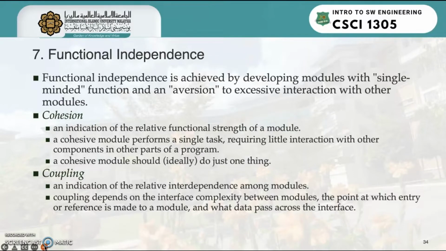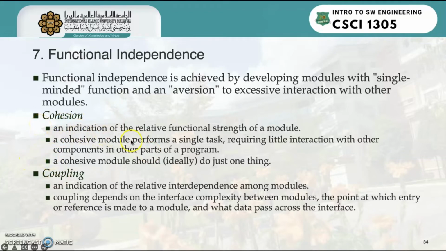Next is functional independence. I already mentioned it just now, so now I want to recap on these two important concepts. In any course, if you are dealing with design, these two concepts are very important. First is cohesion.